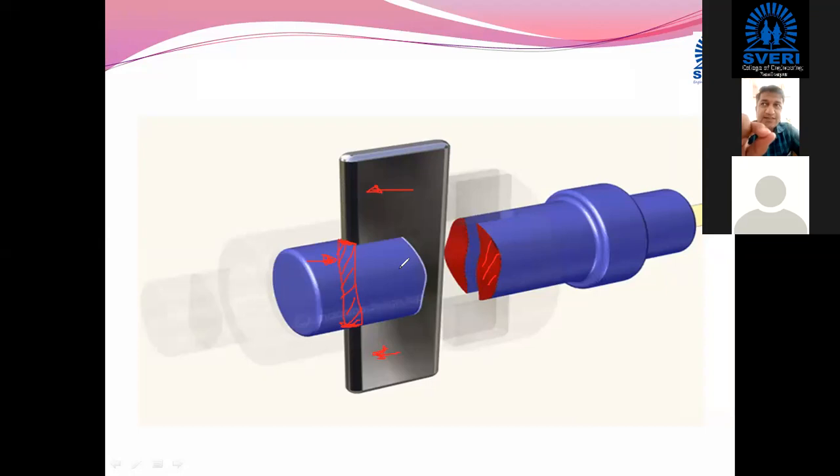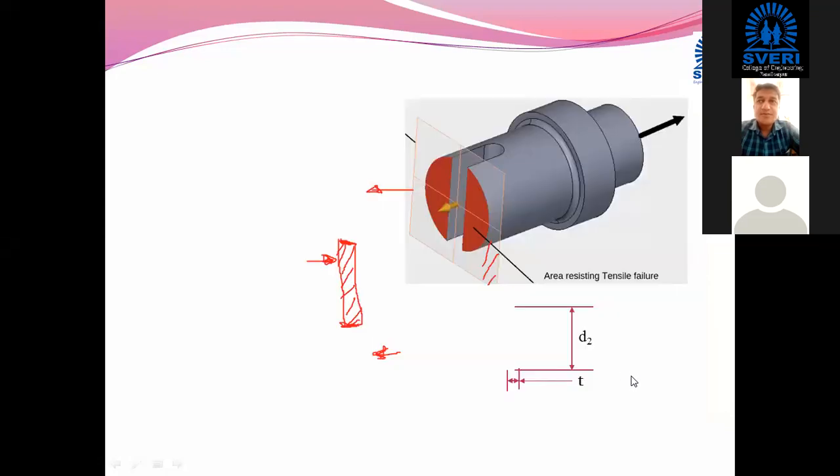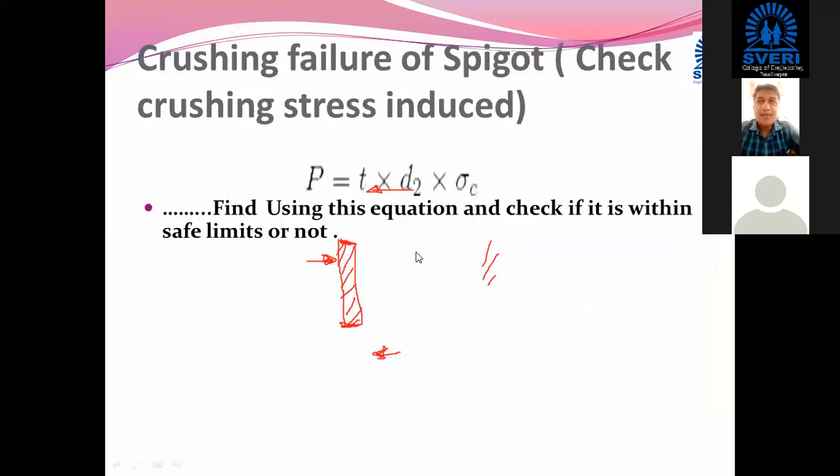So we can say it is nothing but compressive type of stresses only. So we have to calculate the compressive stresses generated over there, resisting on that area. Then if that stress value is below the allowable value, we can consider that these crushing stresses are not creating failure in that component.